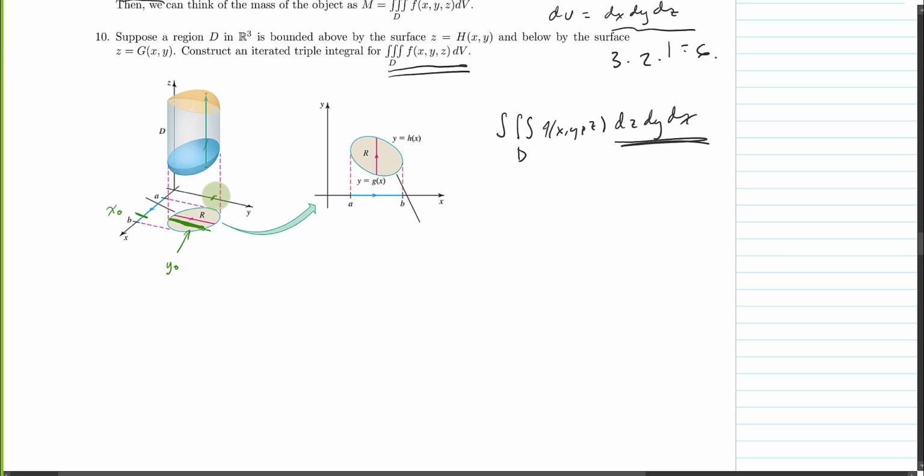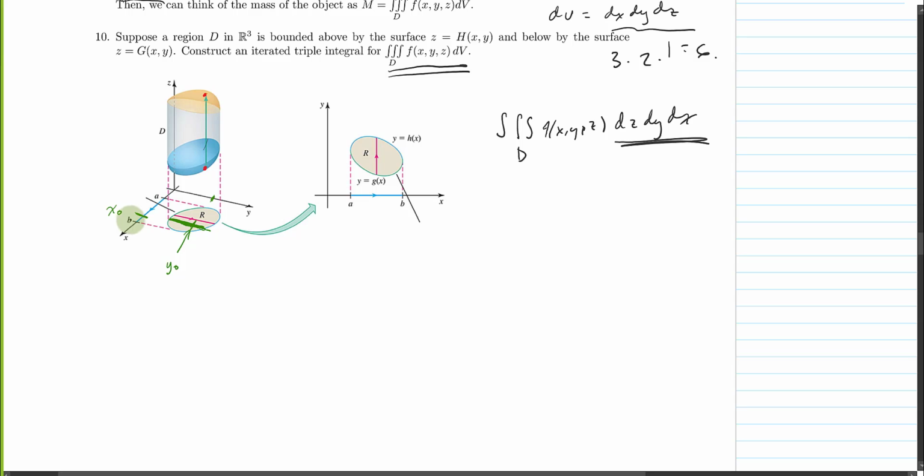Then I fix a y coordinate. That's going to give me a point in my xy plane. Okay. And then I plug that into, in this case we're going to do between 2 bounded surfaces here, so that's going to give me z values that range between here and here. Okay.